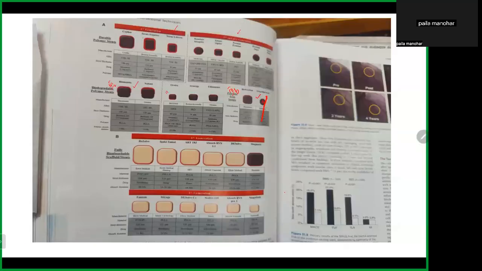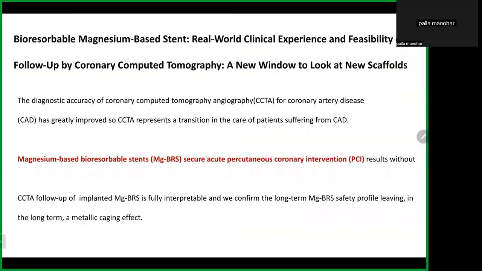They compared Magmaris with coronary computed tomography, to see the diagnostic accuracy for coronary arteries. They said magnesium-based bioresorbable stents secure acute PCI results without follow-up; the implant is fully interpretable, and we confirm the long-term safety profile, leaving no long-term metallic caging effect. The metal is completely resolved on their CCTA. This was the recent trial.